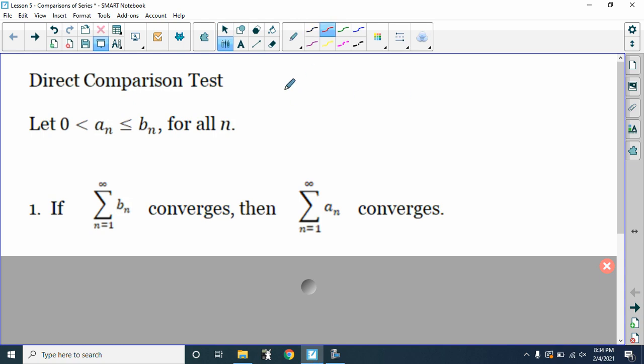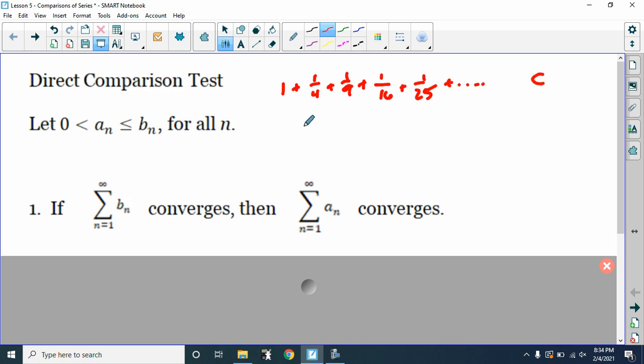Basically, if we think about it this way, if I have 1 plus 1 over 4 plus 1 over 9 plus 1 over 16, whoops, 1 over 16, not just 16, plus 1 over 25, and we know this converges.